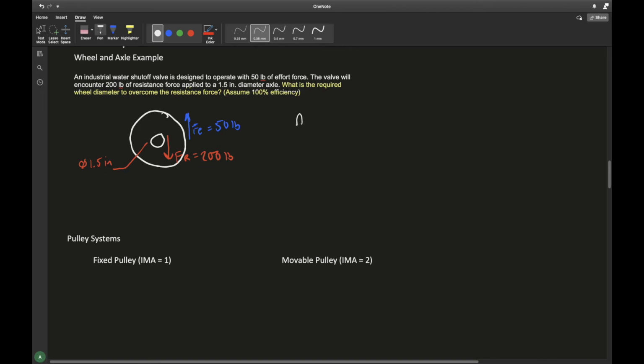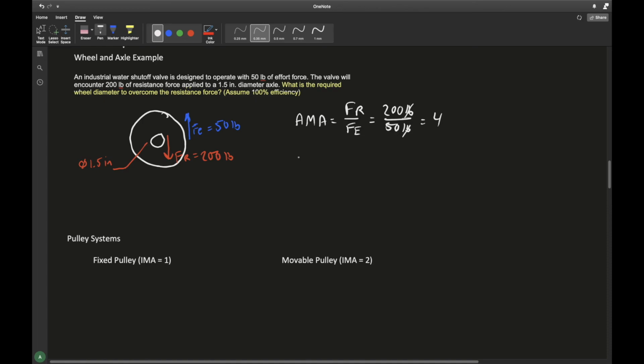So to calculate the AMA of the system, we are going to do FR over FE. And so that is going to be 200 pounds over 50 pounds, which is equal to 4. And this is unitless because the pounds cancel out, and all these ratios will be unitless.